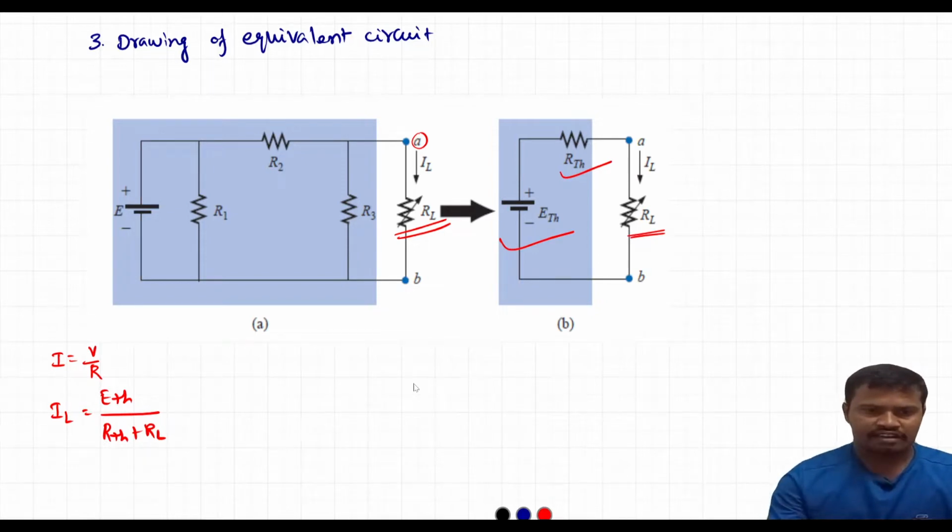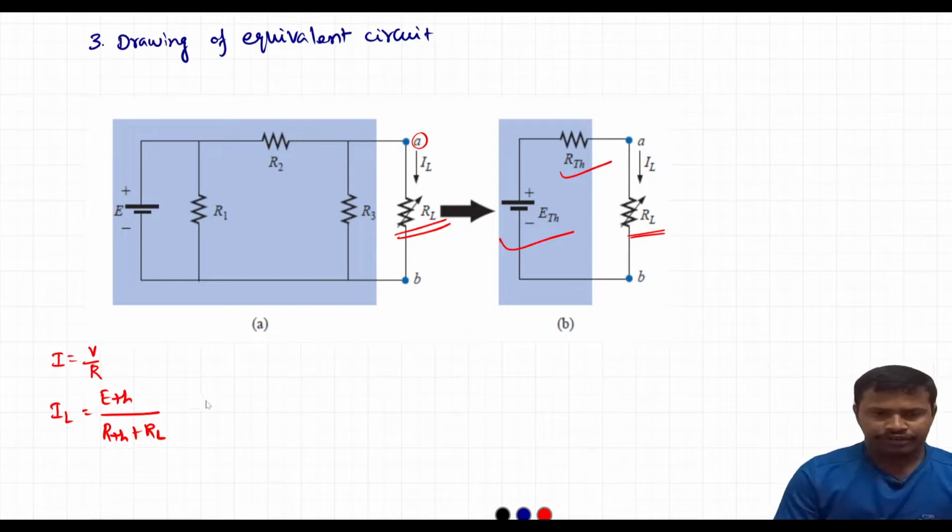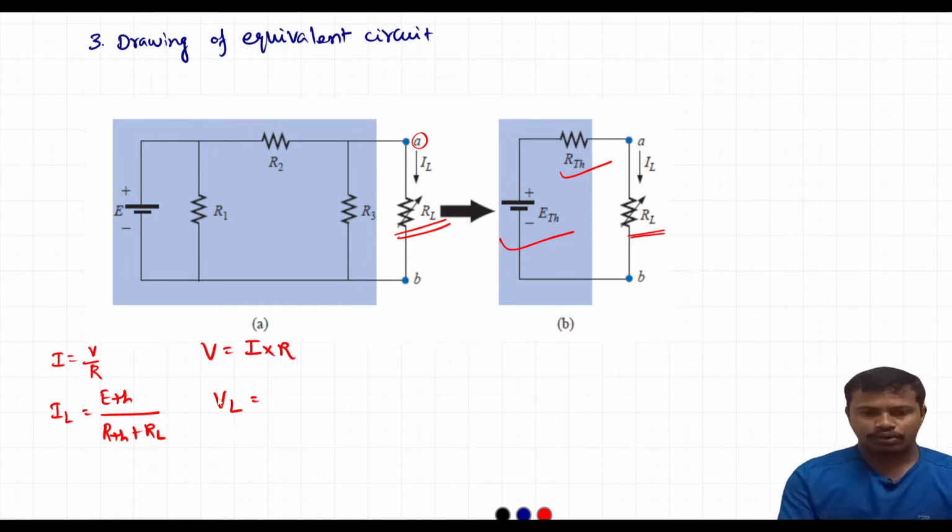so that we can easily calculate the circuit variables when the load is varying. Now if we want to find the voltage across the resistor RL, the general formula for voltage is V equals I into R. For load voltage, VL, I is equal to IL in this case.